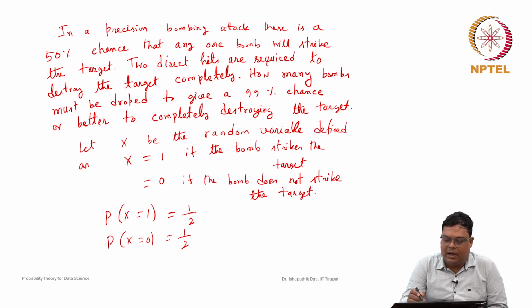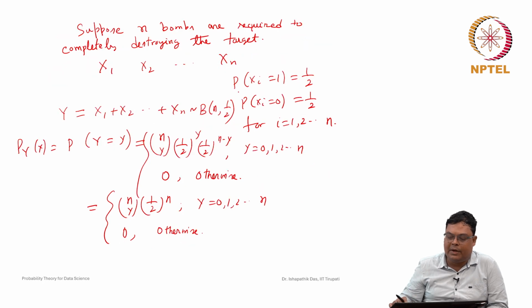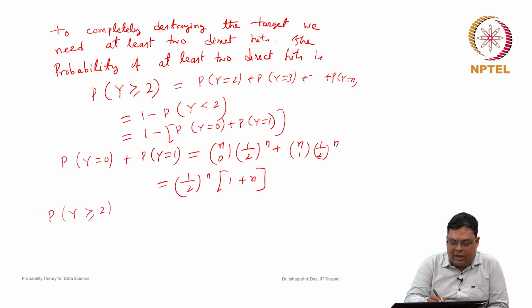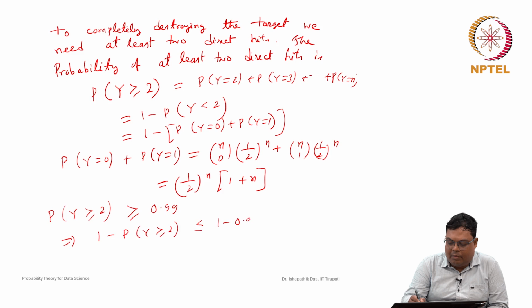how many bombs must be dropped to give a 99% chance or better of completely destroying the target. So, this probability should be greater than or equal to 99%, that is why 99% or better. Hence the probability of y greater than or equal to 2 should be 0.99, which implies 1 minus the probability of y greater than or equal to 2 is less than or equal to 1 minus 0.99, which implies this is nothing but the probability that y is less than 2.